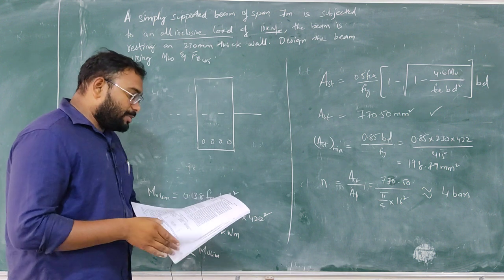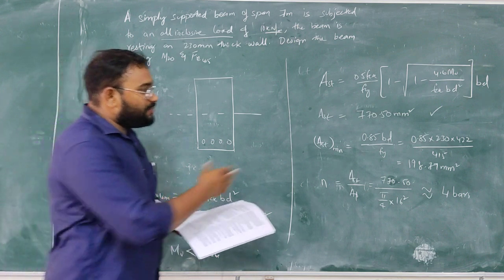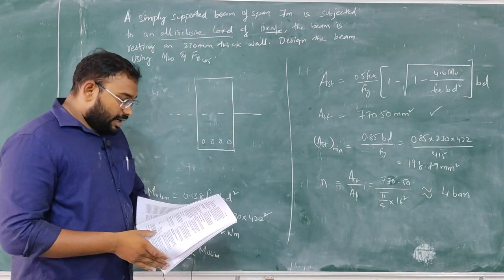How much spacing is to be provided between bars? This is the spacing. Suppose you have 4 or 5 bars, you need to refer to this book to provide the spacing.